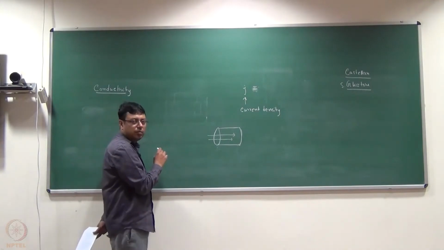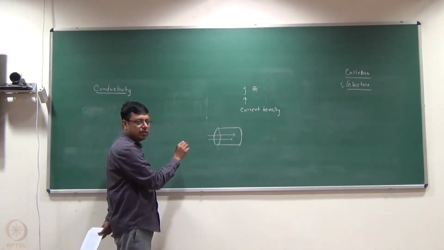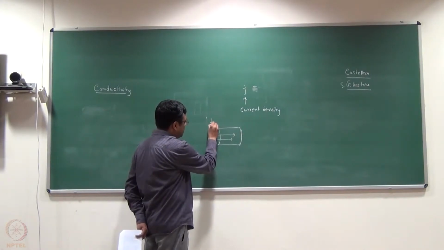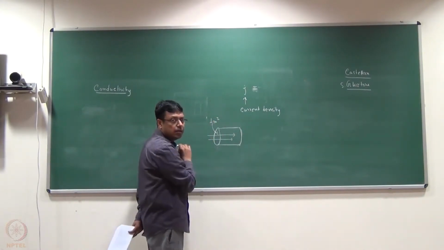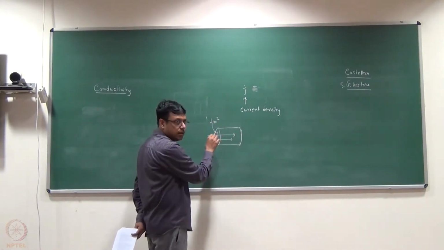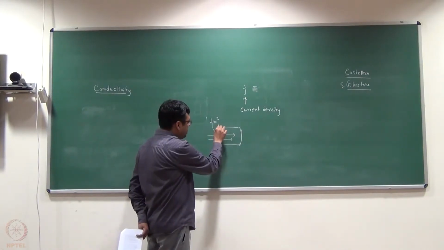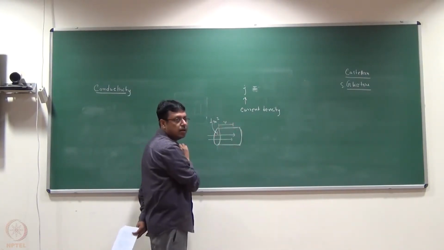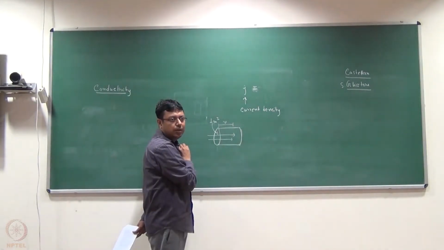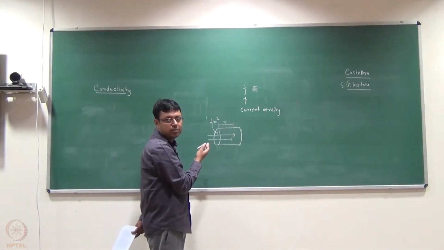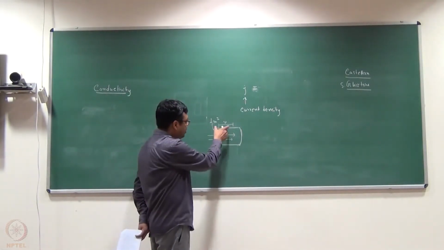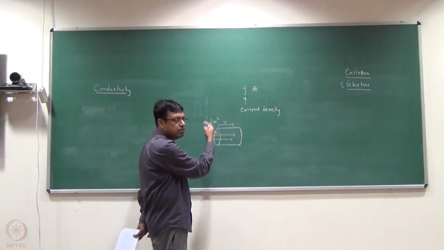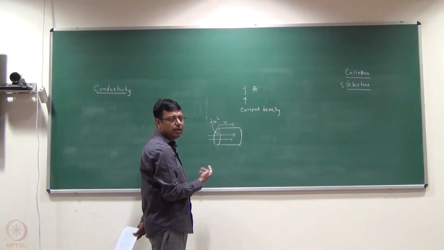So it must be proportional to the density. If I take, suppose, this is a unit area, say 1 meter square, and per unit time the electrons move a distance v, where v is the speed of electrons, then the total volume the electrons sweep is v times 1 meter square, which is basically v.